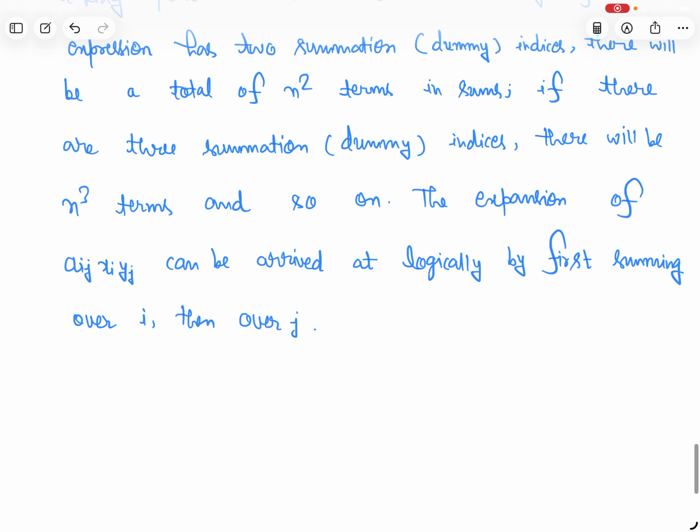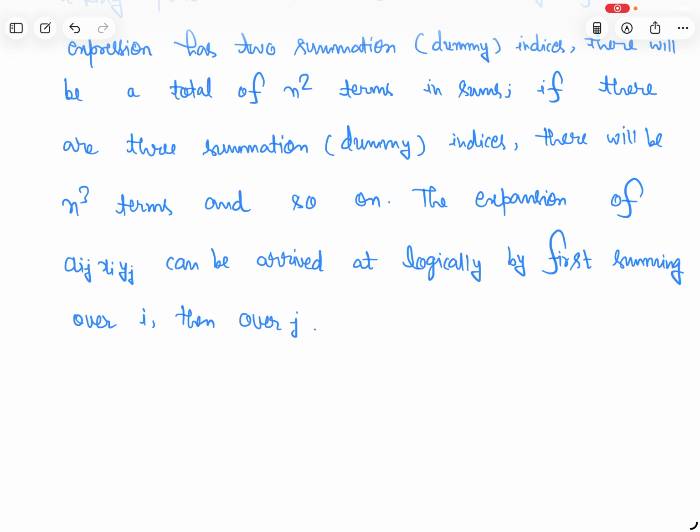So when we have double summation, first we will do summation over index i, then we will do over j. Once we do summation over i, j we will consider as free. After that we will take summation over j.